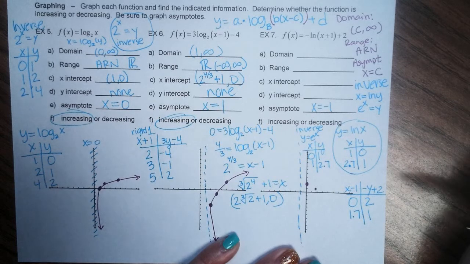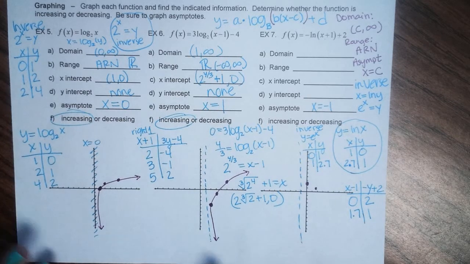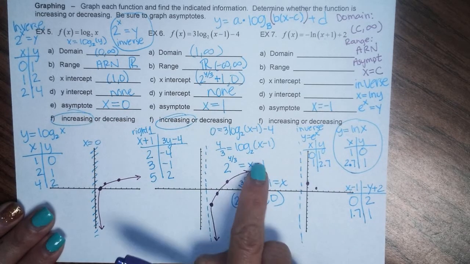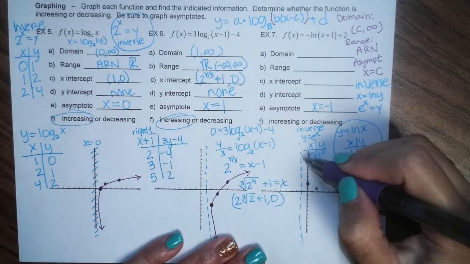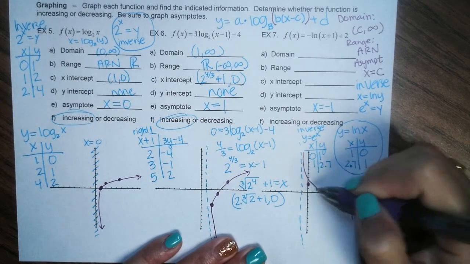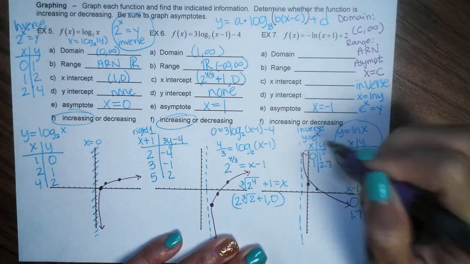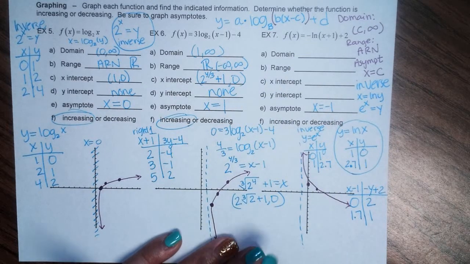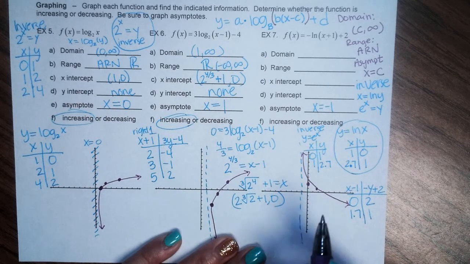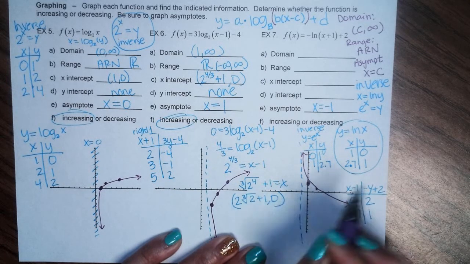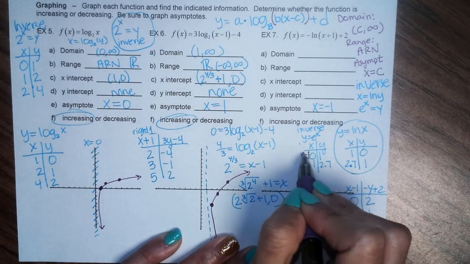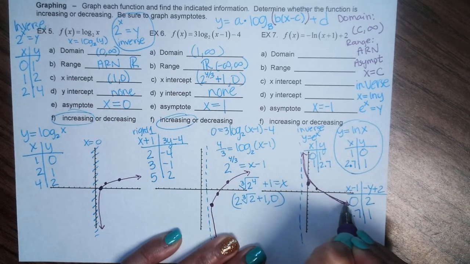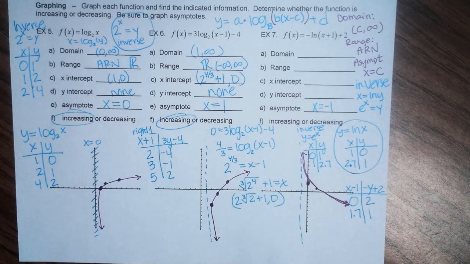So this thing, instead of going up and to the right, now it's going this way. Okay, I missed the top, but that's okay. The negative makes the graph reflect over the x-axis, so now it's going that way. It's supposed to go through there. That's good enough.